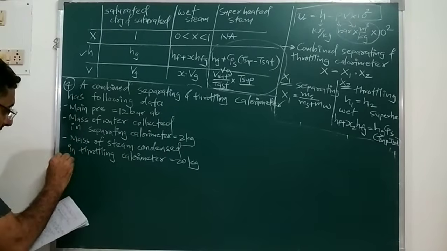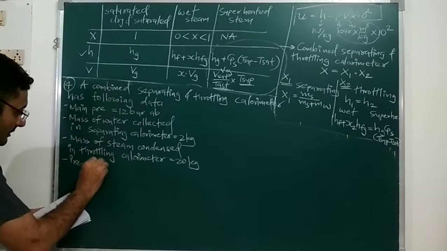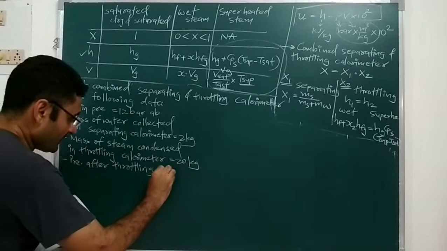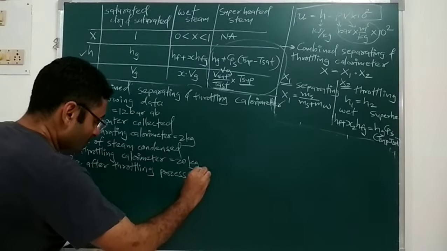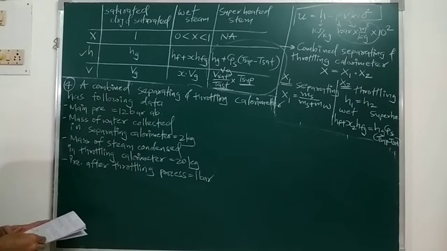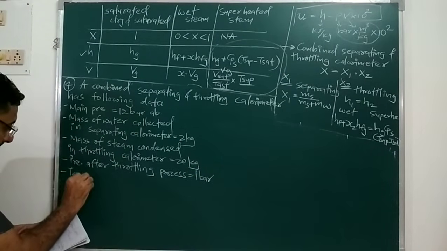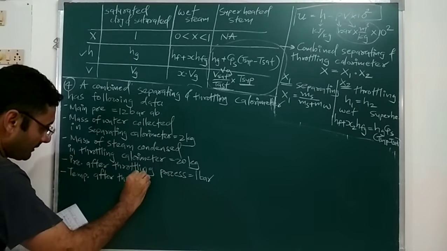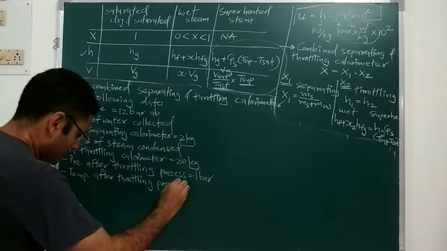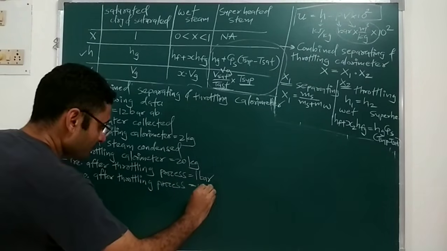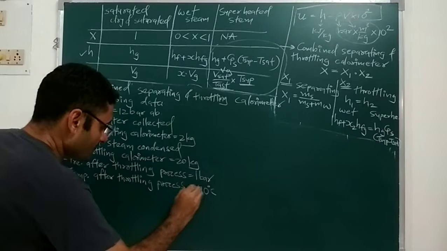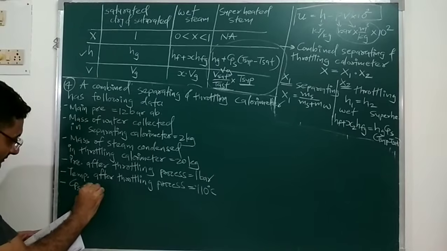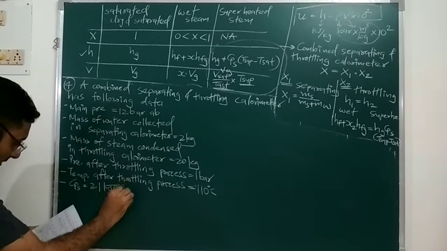Next is pressure after the throttling process, equal to 1 bar. And next is temperature after the throttling process, equal to 110 degree centigrade. And Cp of steam is given, which is 2.1 kilojoule per kg Kelvin.